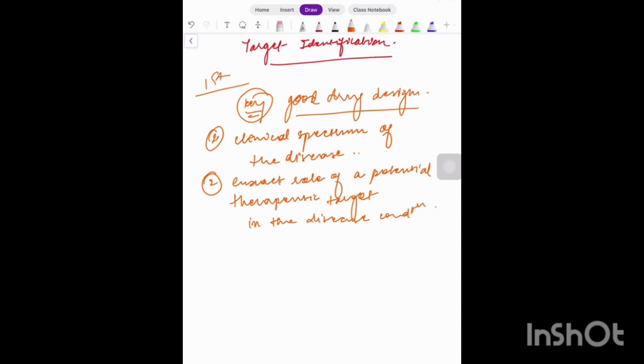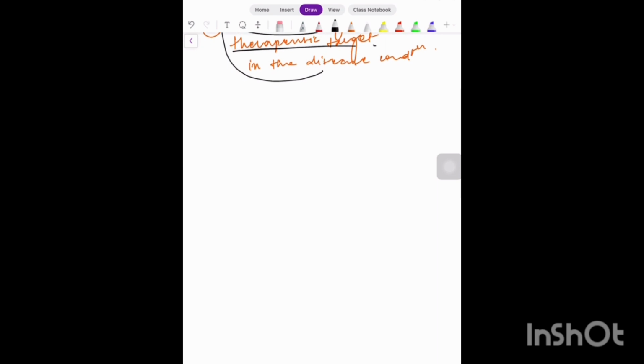So what they're trying to say here is, first of all, you need to find out the full details of the disease, and second of all, you need to find out the exact role of even a potential therapeutic target in that particular disease condition. So it makes a good drug design.